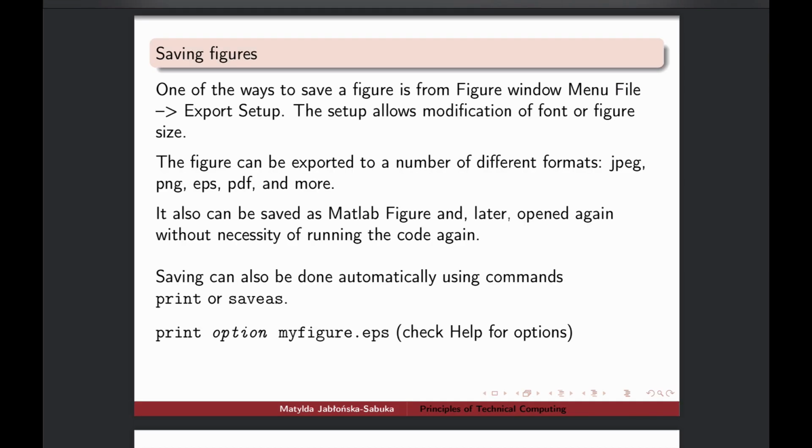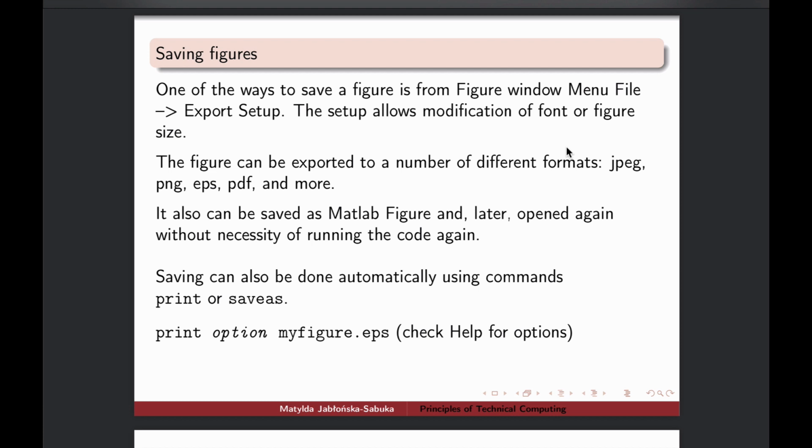So there are two major ways to do it, and the first one we could call manual export. You find it when you go to menu File and then choose Export Setup.